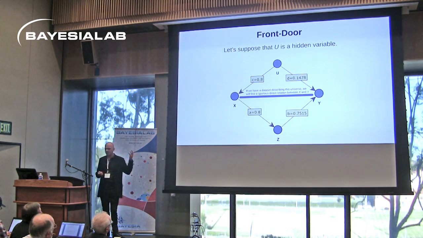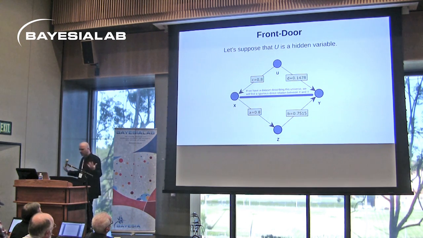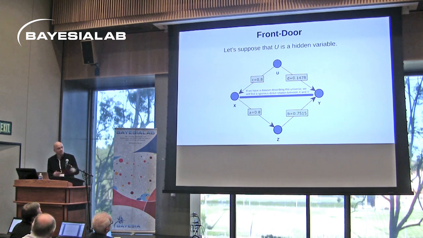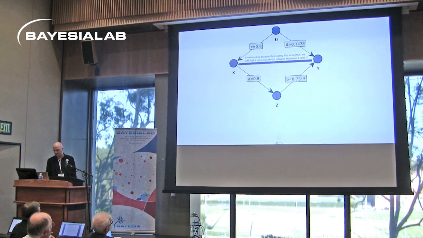Because u is unobserved. So if we have a data set with that, we will learn a relationship and we'll find a link between x and y. And here I did it on purpose. We will not be able to detect any direction for this link, right? And it will be a spurious direct relation between these two variables.